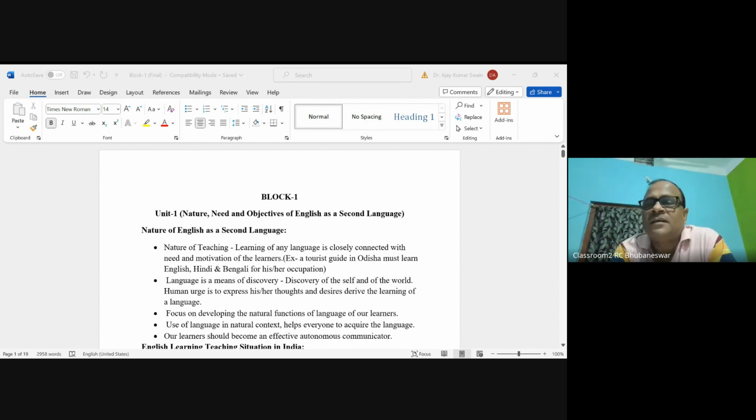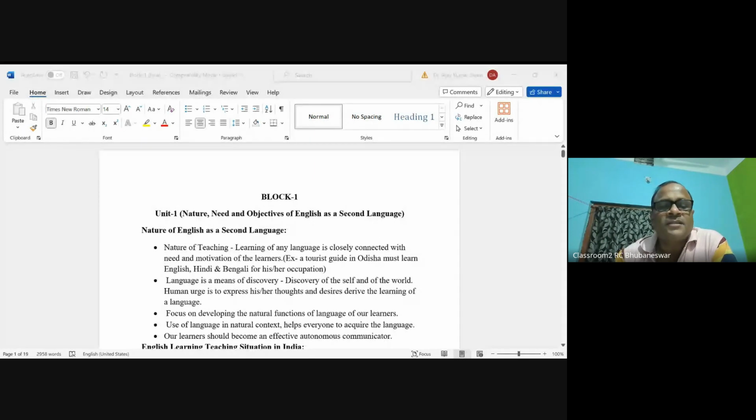The child gets different types of opportunity and scope in the formal educational system to learn English as a second language. And it is closely connected with need and motivation of the learners.